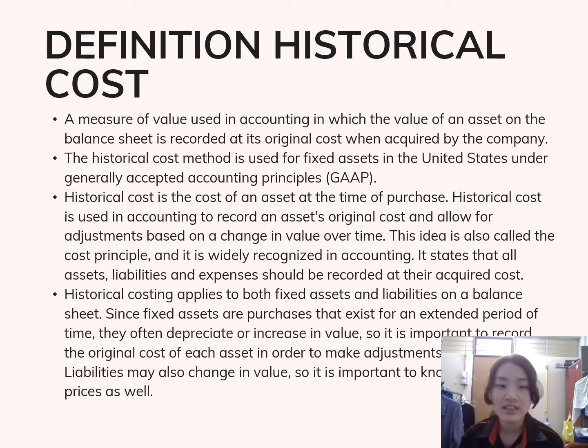Historical cost is the cost of an asset at the time of purchase. Historical cost is used in accounting to record an asset's original cost and allow for adjustment based on a change in value over time. This idea is also called the cost principle, and it is widely recognized in accounting.